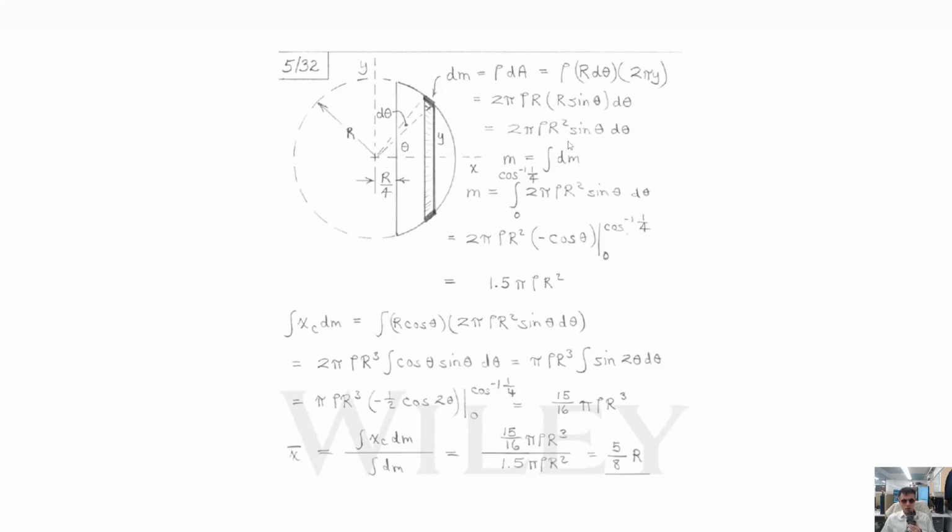So m is the integration over dm, and therefore m will be the integration from 0 to cos inverse 1 over 4.